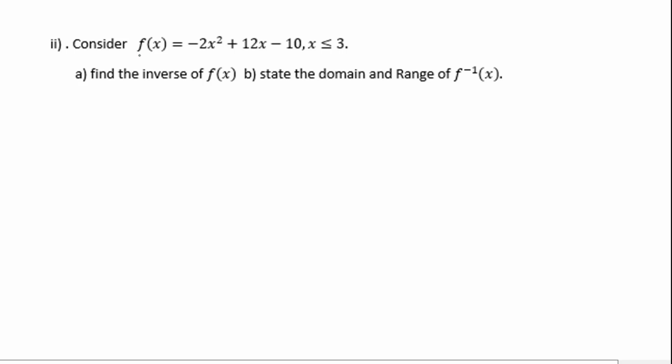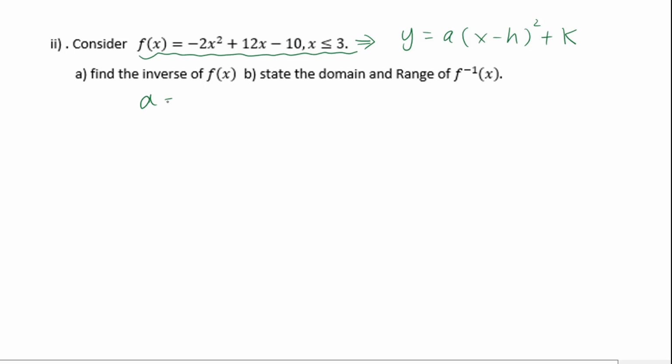First step, you need to change this standard form into vertex form, y equals a(x minus h) squared plus k. Let me use the formula to change standard form into vertex form.